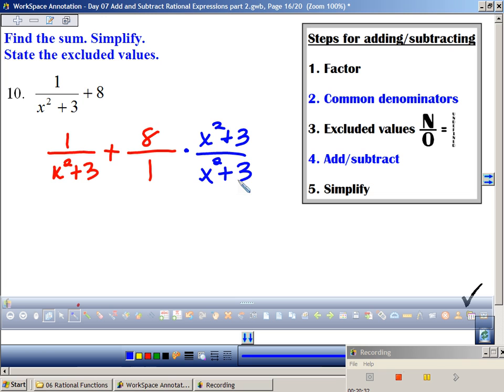Because it doesn't work when you've got algebra. But I understand what you're talking about. So if this has a denominator of x squared plus 3, and this has a denominator of 1, this one needs a 1. Well, it really already has 1, right? Always. And this one needs an x squared plus 3, so I just multiply the numerator and the denominator by exactly what I need. Okay?